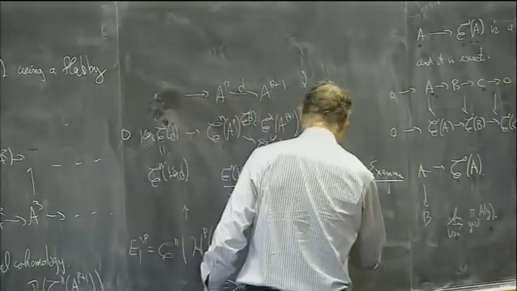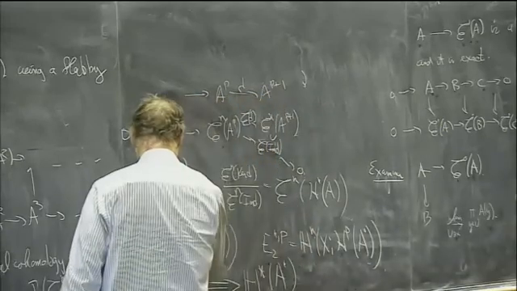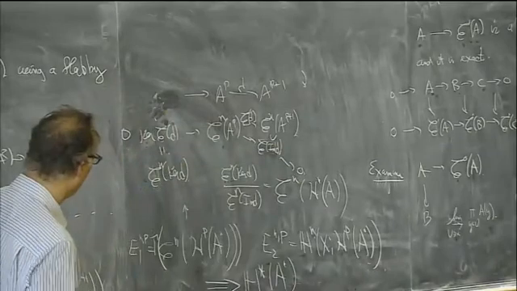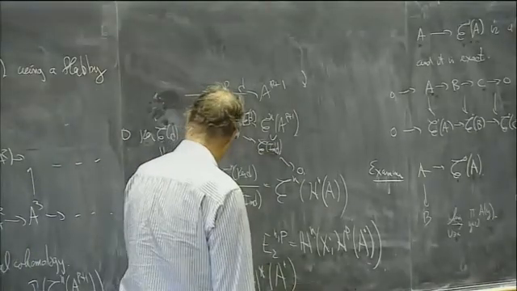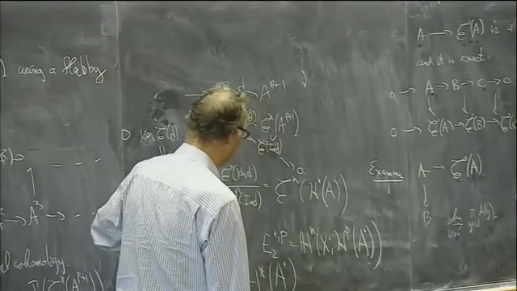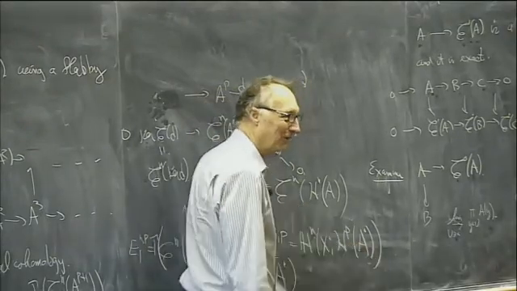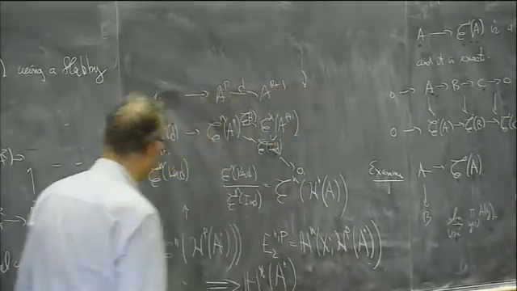Here, I've taken global sections, I guess. And then when I take the cohomology, this is the global sections of a flabby resolution, so it just produces the cohomology with coefficients in the sheaf that I've resolved, and the whole spectral sequence abuts to that.